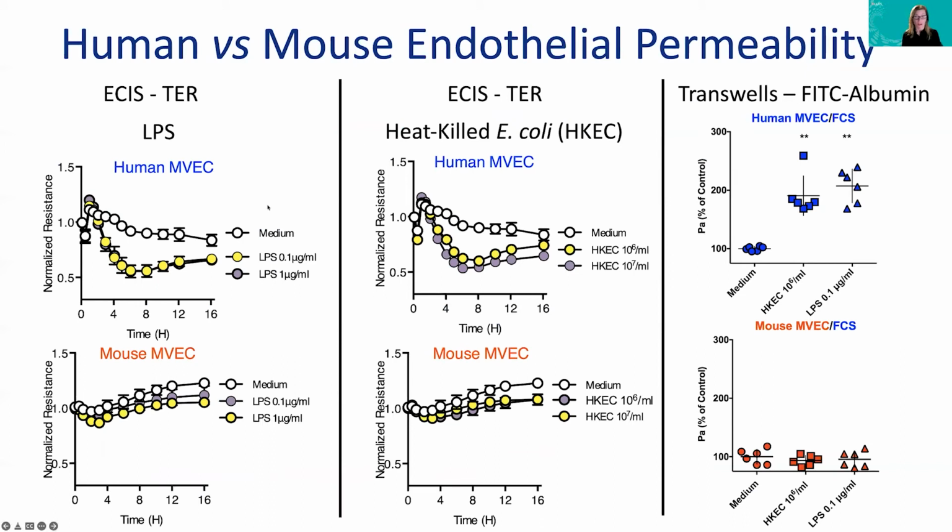This is a slide to show the differences in the sensitivity of human and mouse endothelial cells to LPS and heat-killed E. coli. We measured transendothelial resistance, and we found that human microvascular endothelial cells were permeabilized by both LPS and heat-killed E. coli, but it was very difficult to cause increases in mouse microvascular endothelial permeability.